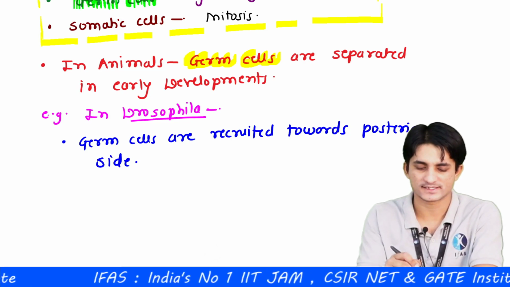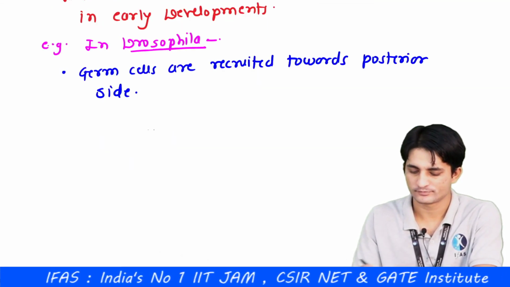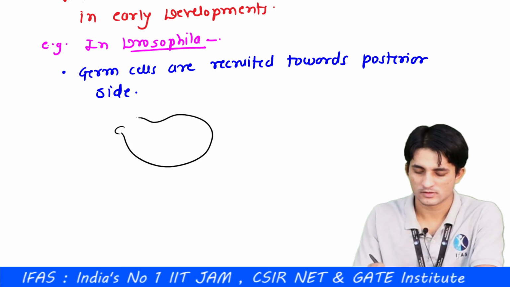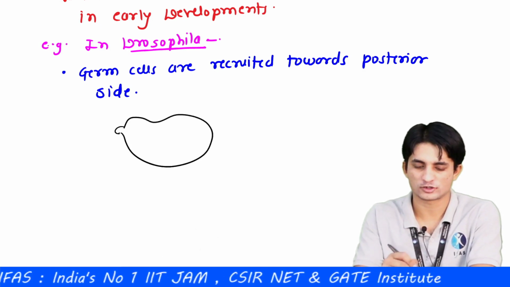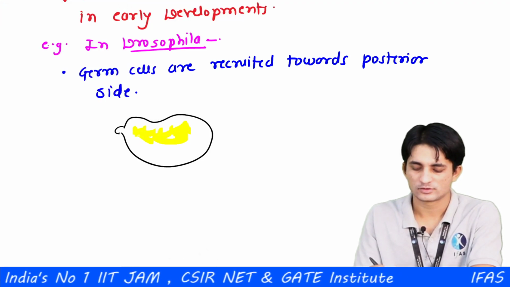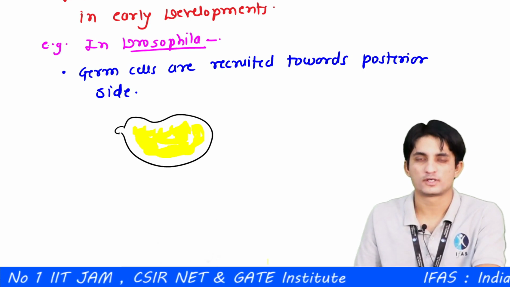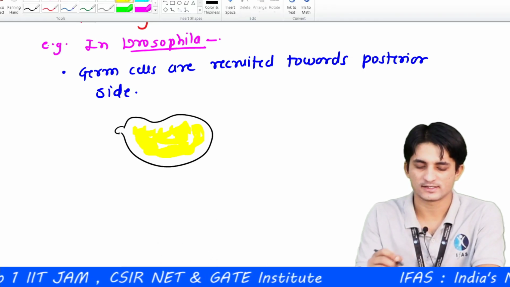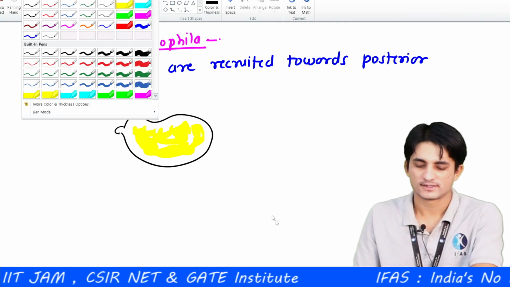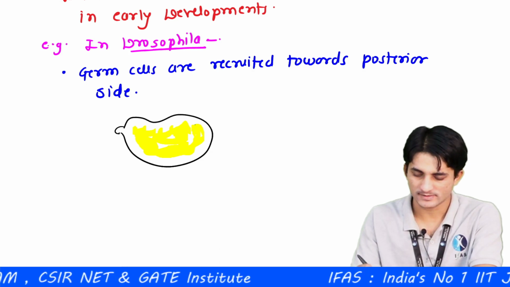So in Drosophila, this is the egg of the Drosophila, and we will discuss that in the syncytial specification. So this is the yolk, which is the centrolecithal condition, and in Drosophila there is the presence of some mRNAs.